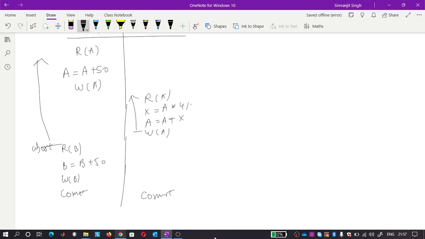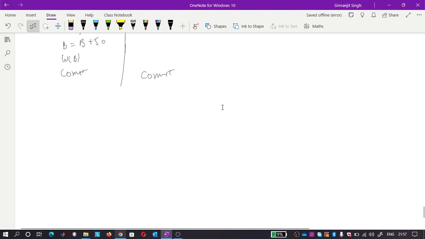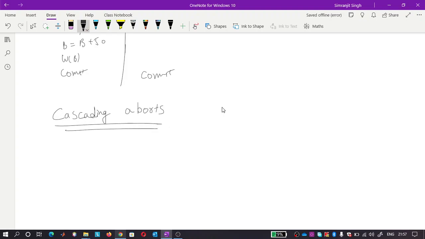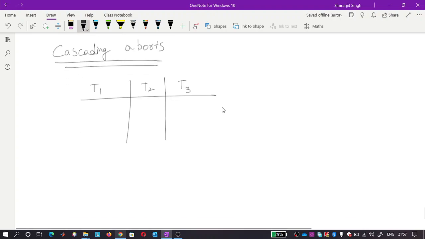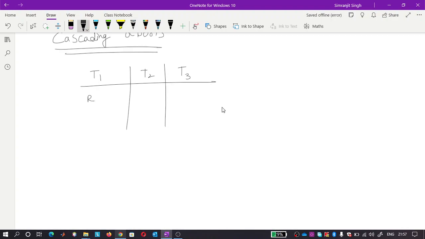Keep in mind that recoverable schedules are needed because we want everything to be recoverable. But because of recoverable schedules, there might be a problem referred to as cascading aborts. Suppose I give you an example of a cascading abort problem that happens due to recoverable schedules. Suppose there are three transactions T1, T2, T3, and some read operation is there.